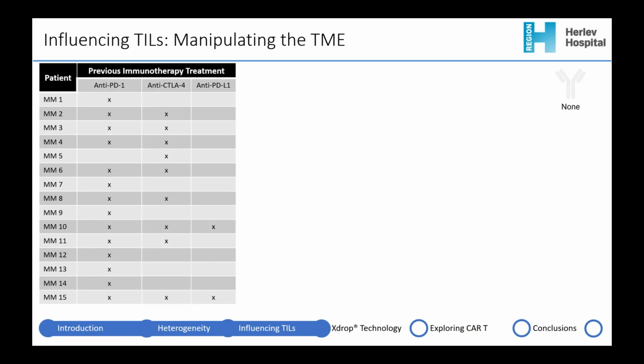It's important to note that we have now essentially crossed this Rubicon of checkpoint therapy, and every metastatic melanoma patient, by the time they are eligible for TIL therapy, will have been exposed to checkpoint therapy. This is an overview of the patients we treated. They all had some line of checkpoint immune therapy before this study, some more than others.